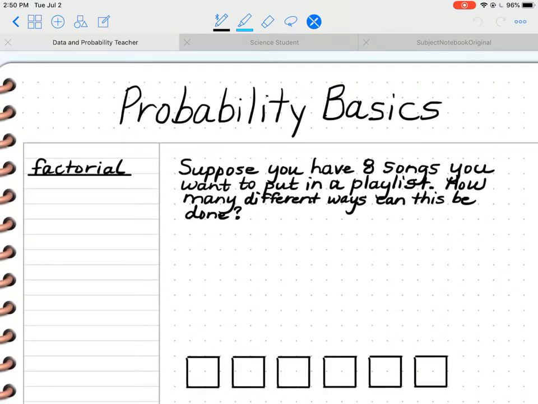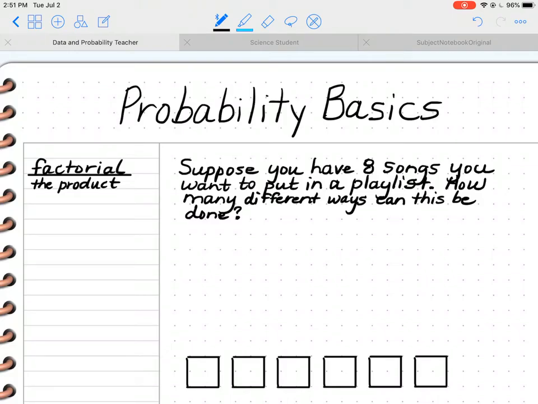And this little fella is something that looks kind of scary if you don't know what it means. So let me give you the definition and then I'll explain to you what it looks like and how to work with it. So a factorial is a product, which means there's multiplying involved.